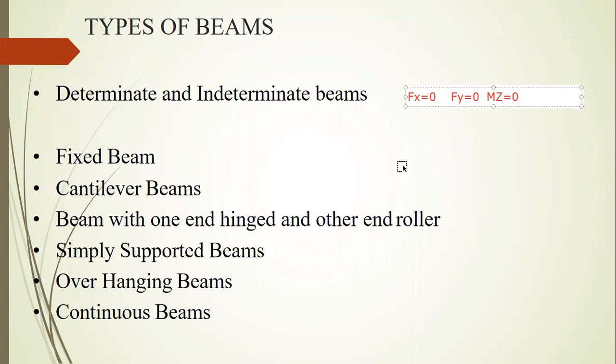These are the three equations of equilibrium. If the unknown reactions are less than or equal to 3, or in other words, if the unknown reactions are easily findable with the help of the equations of equilibrium, then such beams are called determinate beams.